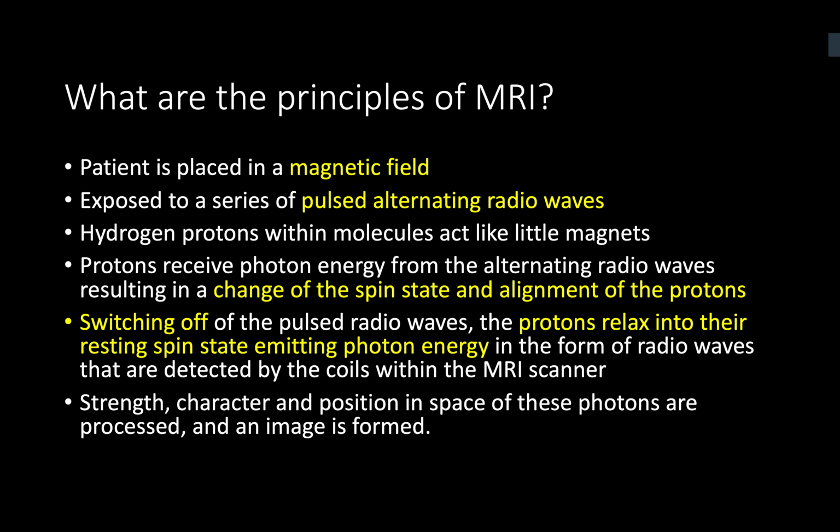So MRI scan works on the principles of the polarity of hydrogen ions in cells. So hydrogen ions will have the magnetic property on its own, and when this is brought in the field of an MRI scan, they will align and precess in uniformity.